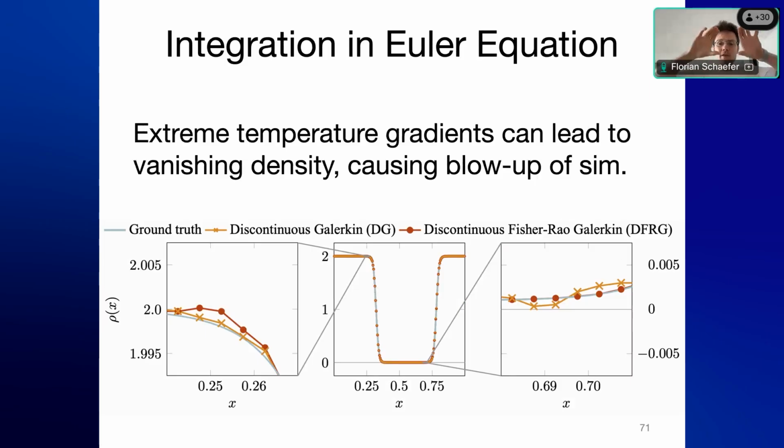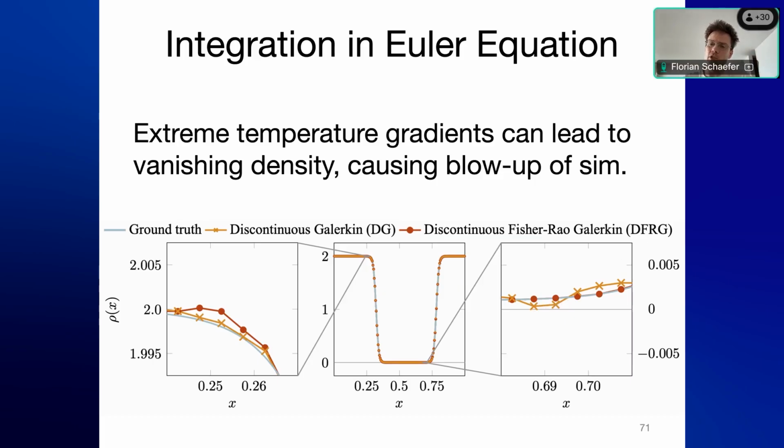So in principle, the solution should just be advected to the right. But what now happens is that if you just use an ordinary DG method for the density, you're going to have these small errors that push you very close to zero, and then cause the sound speed and velocities to blow up, and therefore the simulation to blow up.